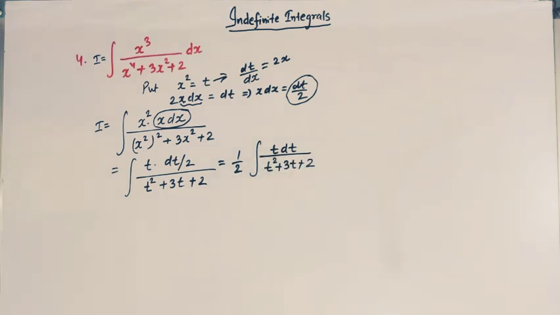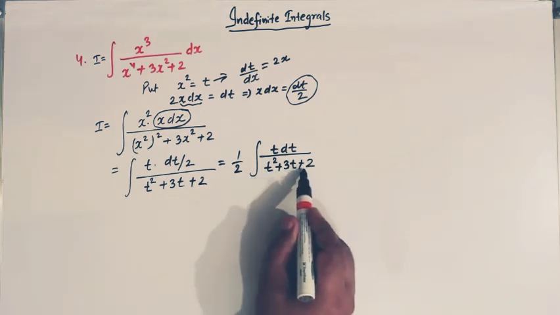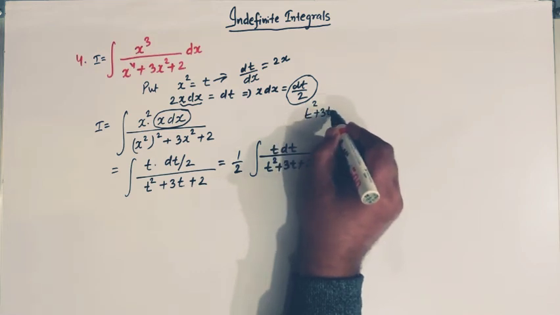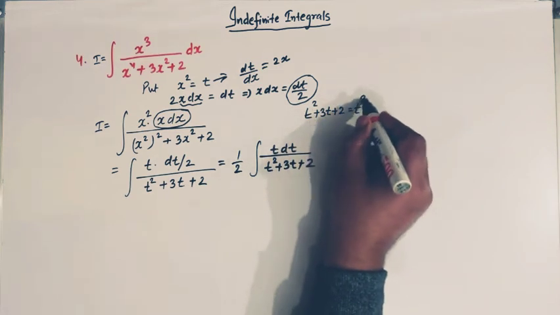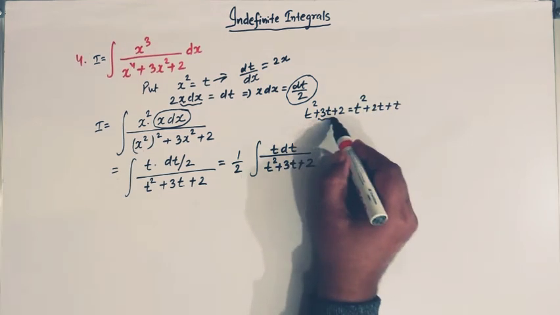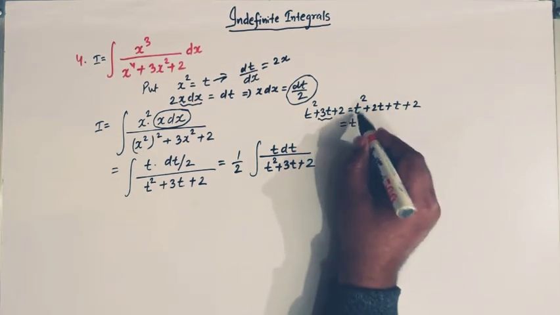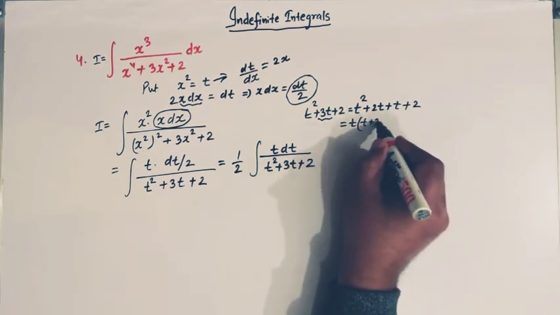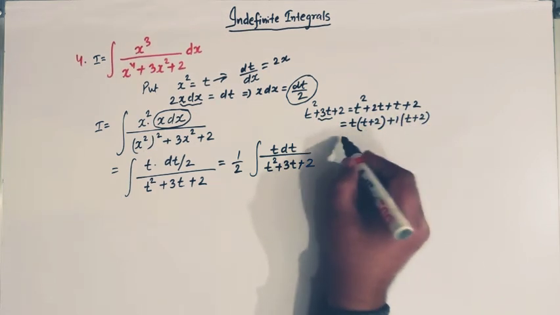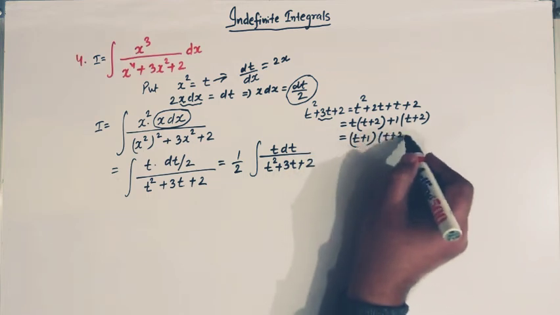Now we can factorize t square plus 3t plus 2 as t square plus 2t plus t by splitting the middle term plus 2, so this can be written as t times t plus 2 plus 1 times t plus 2, so we can write t plus 1 times t plus 2, right?